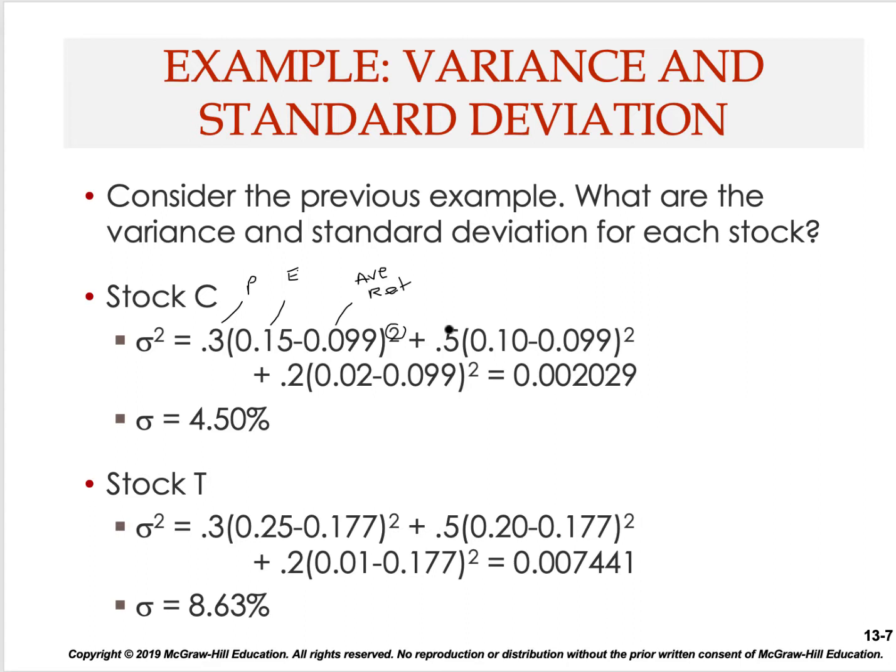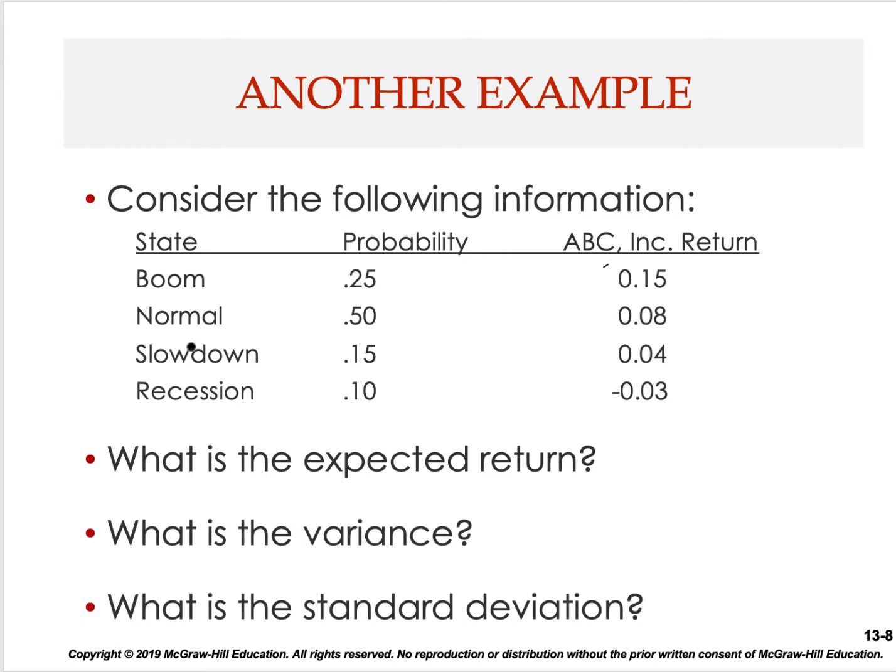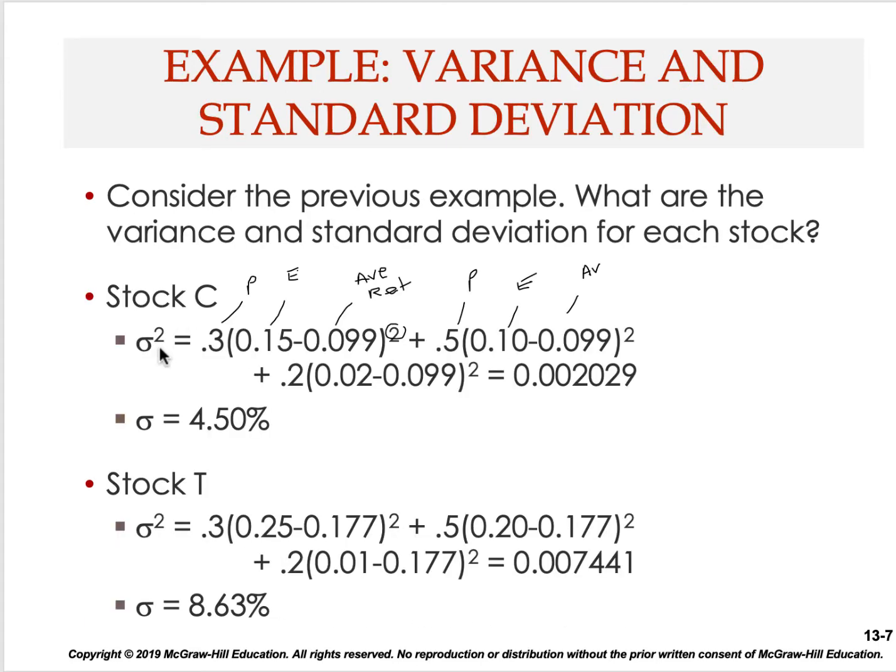We're doing the same thing for what if we assume the market's going to be normal. Well, there was a 0.5 probability of that. We have to calculate the variance. This was the expected return. This is our average expected return, and we're squaring that. And then we're doing the same thing for the recession.